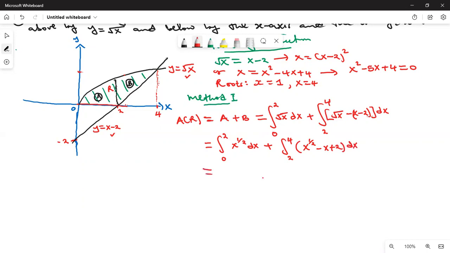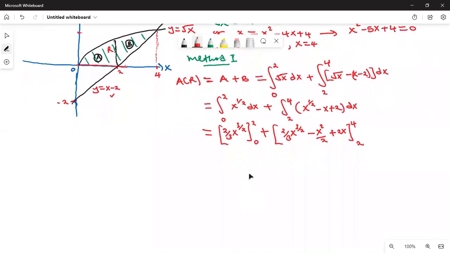And so when we integrate, add 1 to the power, that will be 3 over 2. So this is 2 over 3 times x raised to 3 over 2 from 0 to 2. Then plus, integrate the other one, that is again 2 over 3 x raised to 3 over 2 minus x squared over 2 plus 2x from 2 to 4. That's what we have.